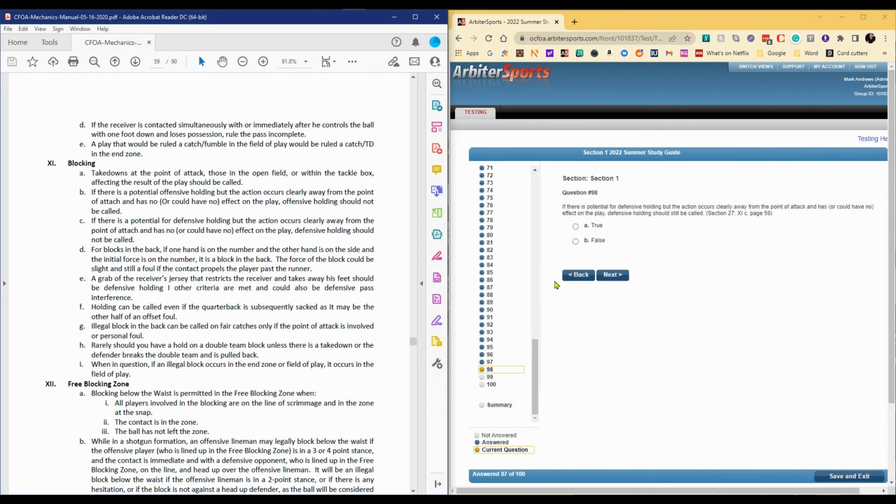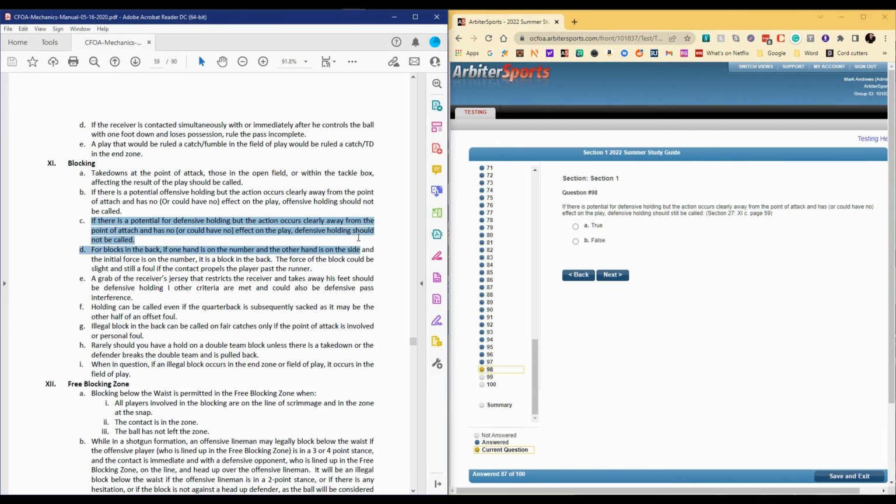Question 98. If there is potential for defensive holding, but the action occurs clearly away from the point of attack, or has or could have no effect on the play, defensive holding still should be called. And if we look here at C, if there's a potential for defensive holding, but the action occurs clearly away from the point of attack, defensive holding should not be called.